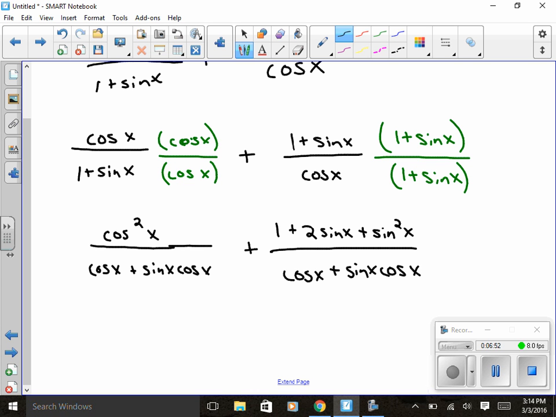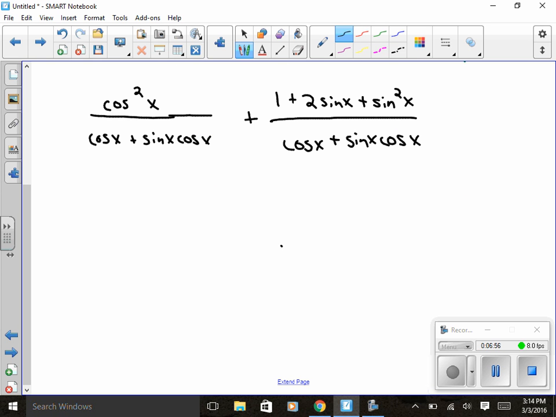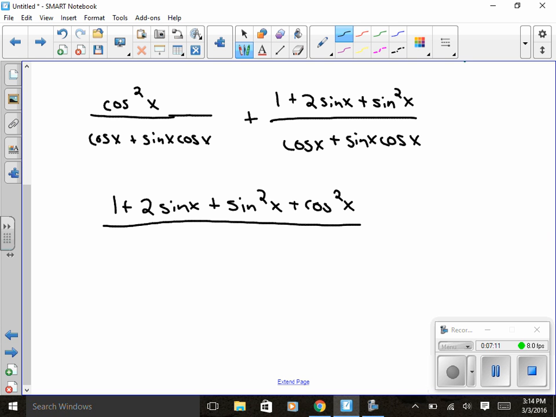All right, so now I can go ahead and add the top numbers in my numerator. So I've got 1 plus 2 sine of x plus sine squared of x plus cosine squared of x all over cosine x plus sine x cosine x.